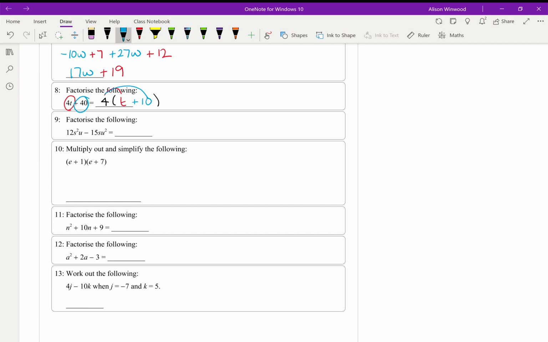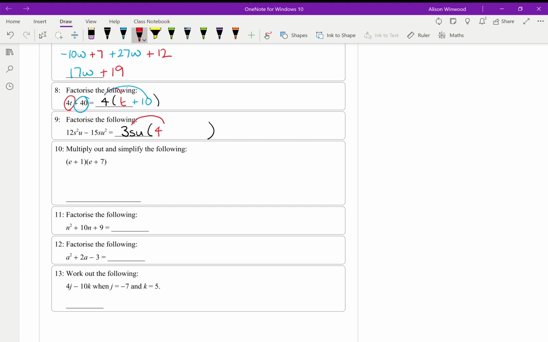Another factorise, so I want the highest common factor of 12 and 15, so the highest number that goes into both of them is 3. Both terms have an s and they both have a u. So 3su, 3 times 4 gives me 12.